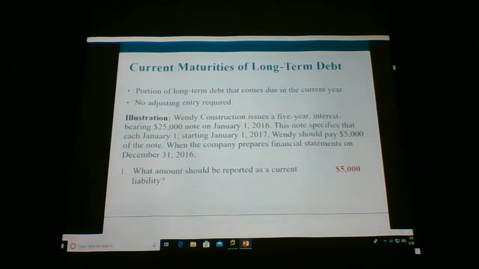When we get to the final year of the note, okay, this is not on your slide, but it's good information to have, we would still owe $5,000, and that entire $5,000 would be a current liability. Okay? What amount should be reported as a long-term liability? Well, I already told you, $20,000. Okay, let's see what the next slide says.